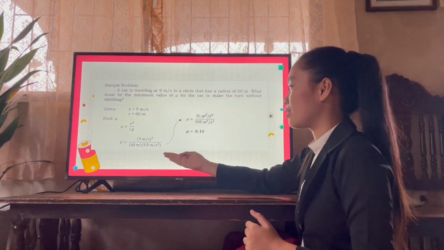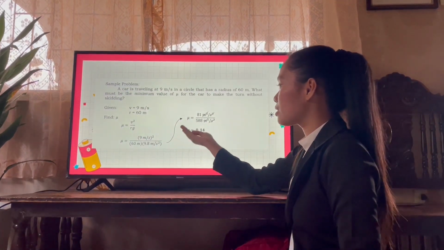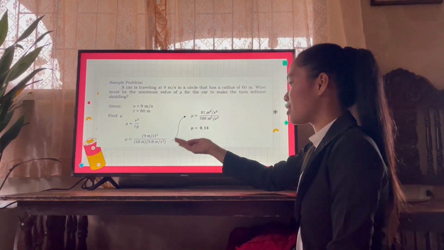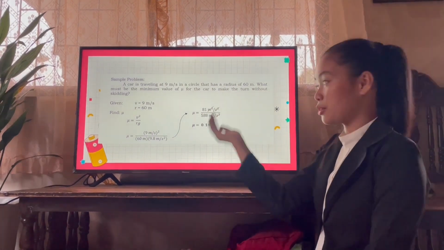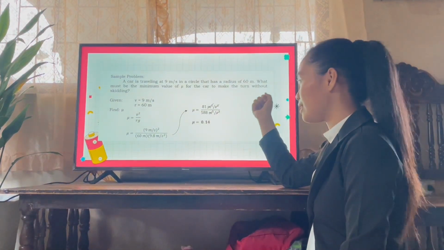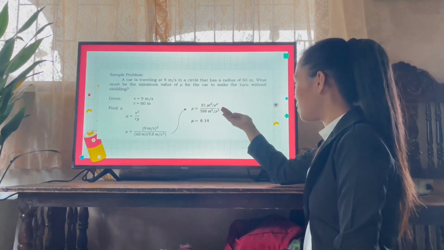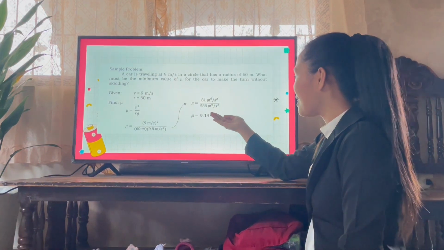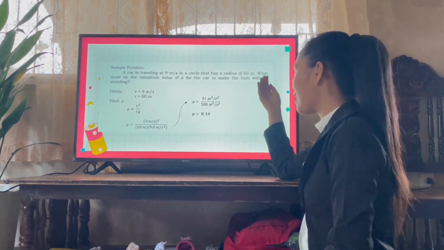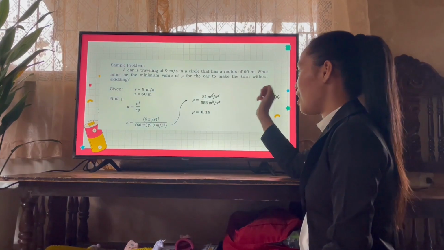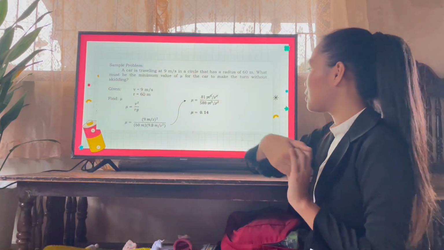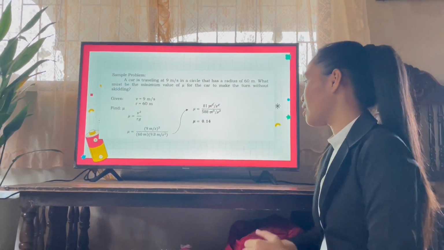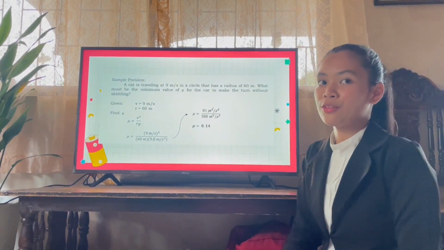So the coefficient of friction equals (9 meters per second) squared over 60 meters times 9.8 meters per second squared, which is 81 meters squared over seconds squared over 588 meters squared over seconds squared. And we will proceed to cancel these out. So, as a result, the coefficient of friction is 0.14.